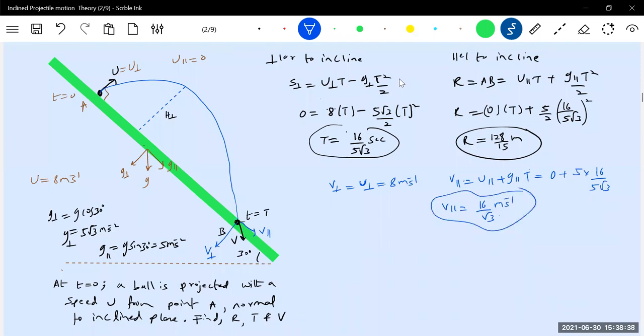This is the parallel component of velocity. The total speed v should be greater than u, no doubt. This angle we indicate as alpha. So tan alpha equals v perpendicular by v parallel, where v perpendicular is 8.